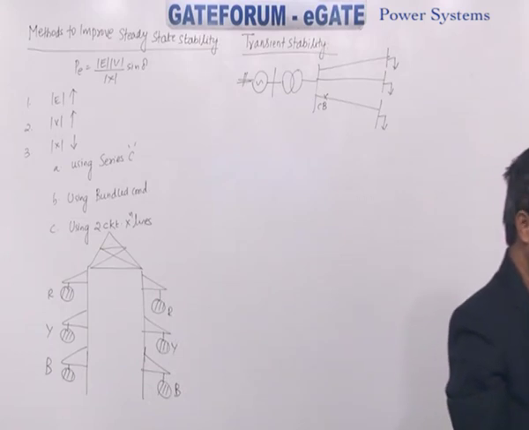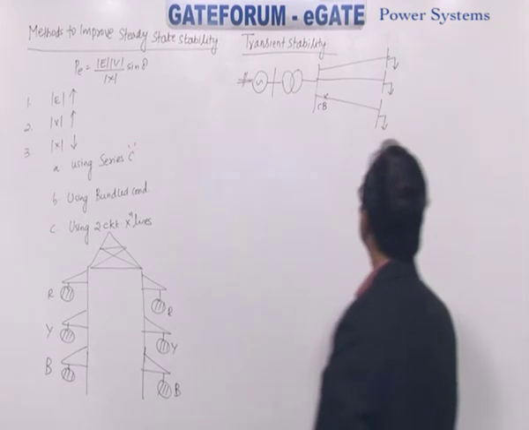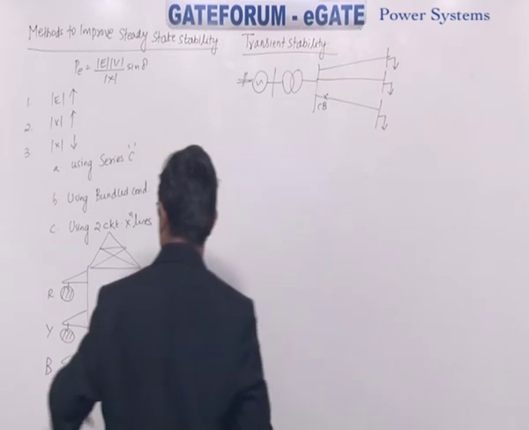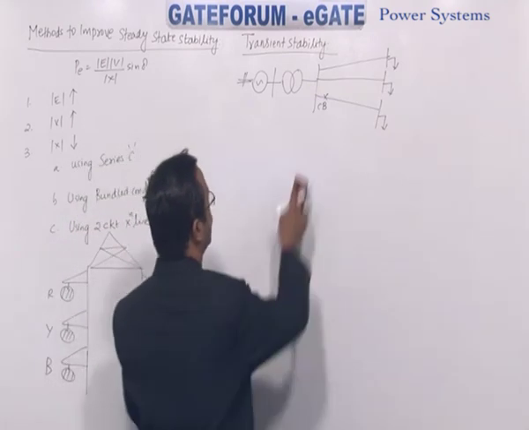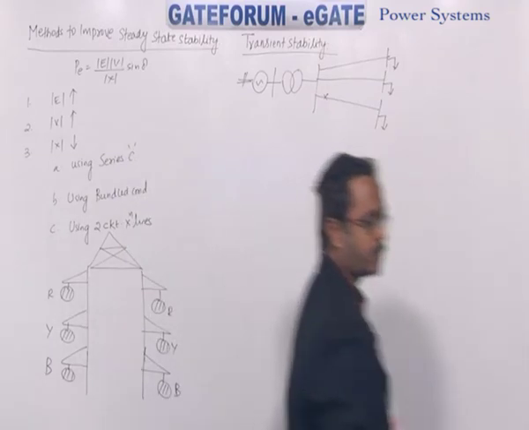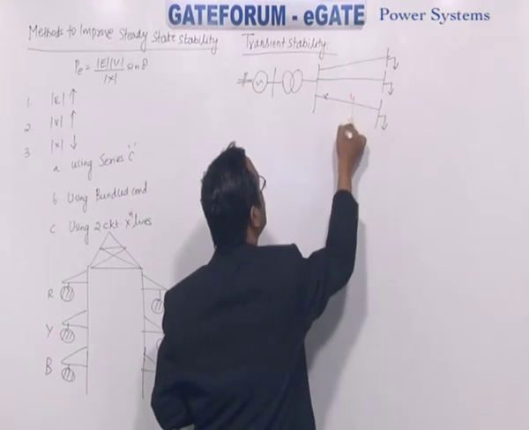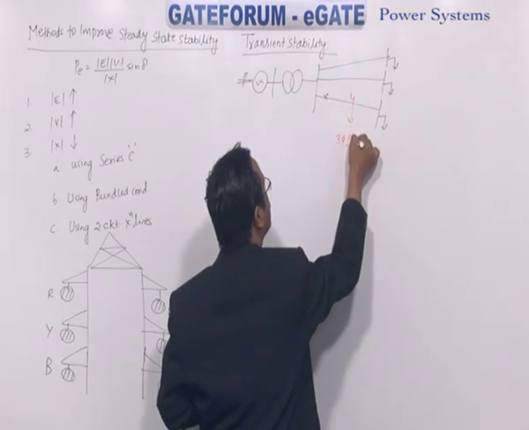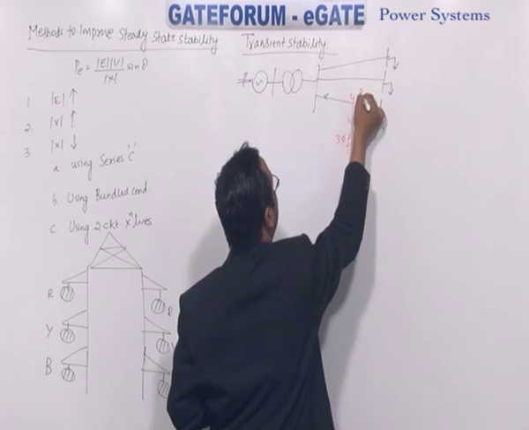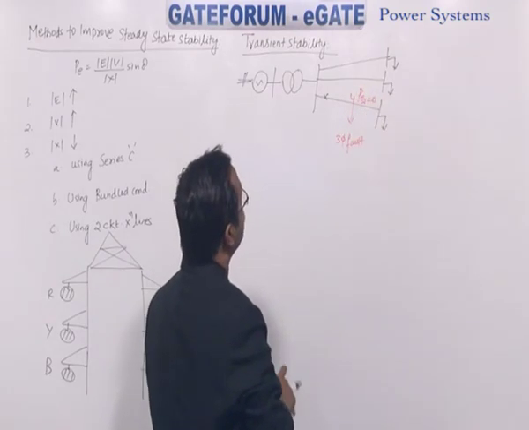Now you deal with a three-phase fault on one of the parallel transmission lines. So indicate the three-phase fault now on one of the parallel transmission lines. Due to this fault, electrical power transmitted during the fault is 0.